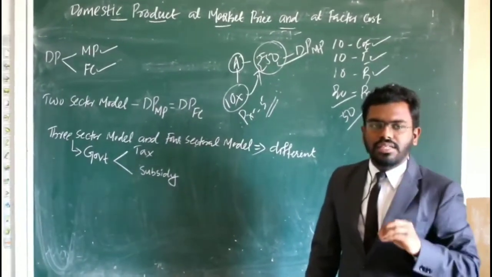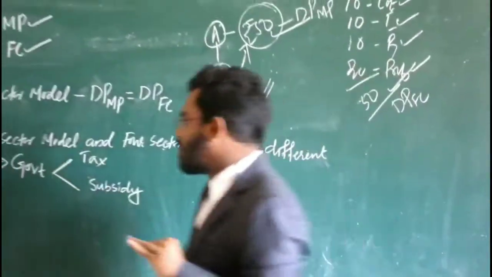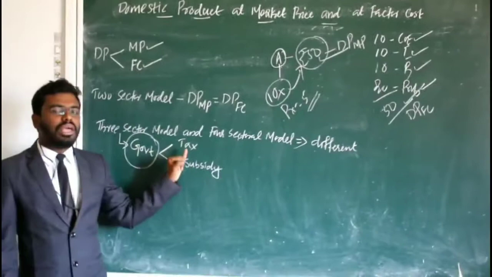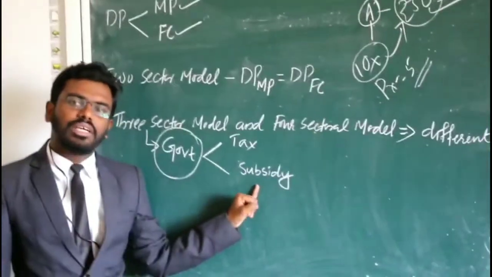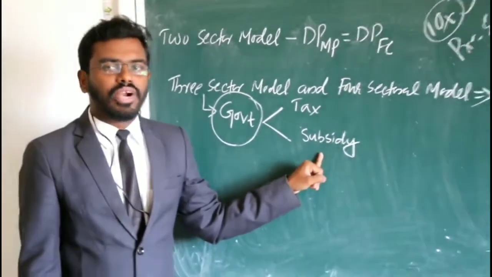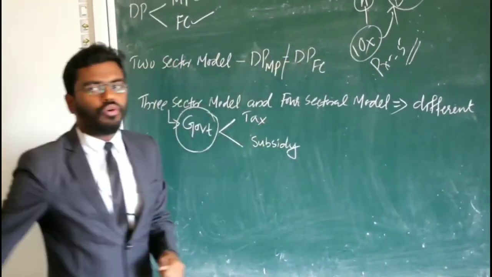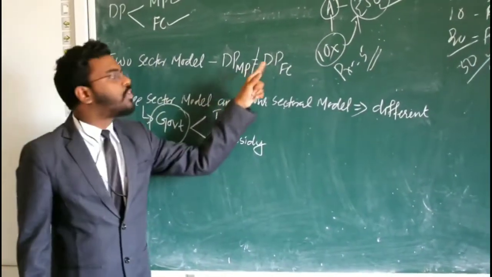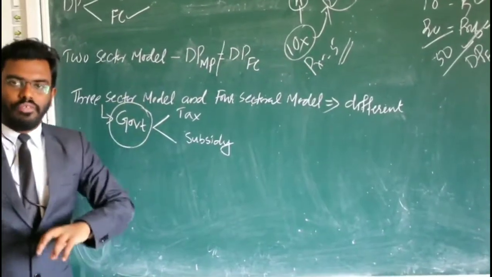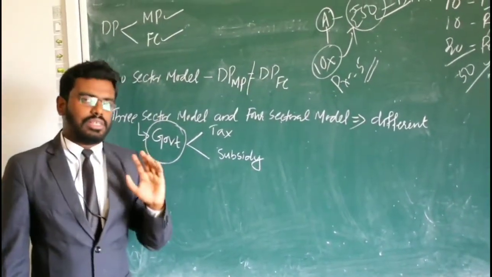The main reason is that in 3 sector and 4 sector model, there is government. So in 3 sector and 4 sector model, tax and subsidy will play their role. As a result, what happened? Domestic product at market price will not be equal to domestic product at factor cost. We can explain with the help of example.